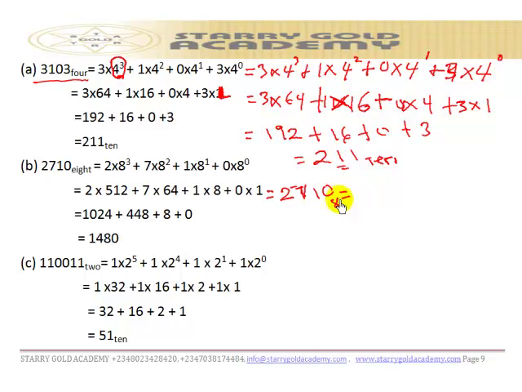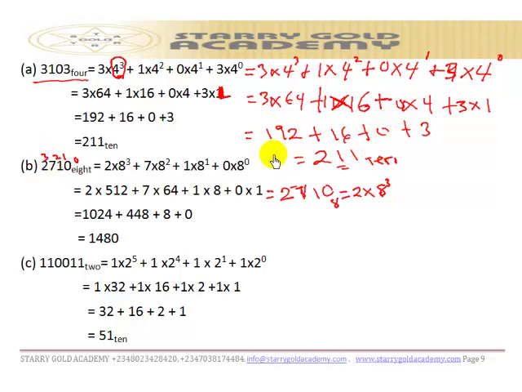If we expand, we are going to have 2 times 8 raised power 3. Why is it raised power 3? Because your unit carries a power of 0, your tens carries a power of 1, your 100 carries a power of 2, your 1000 carries a power of 3.